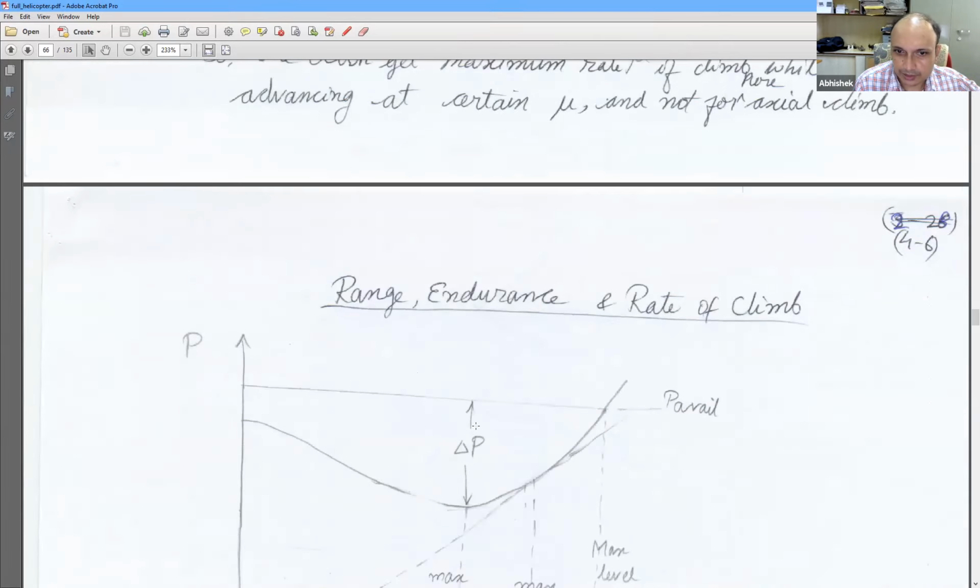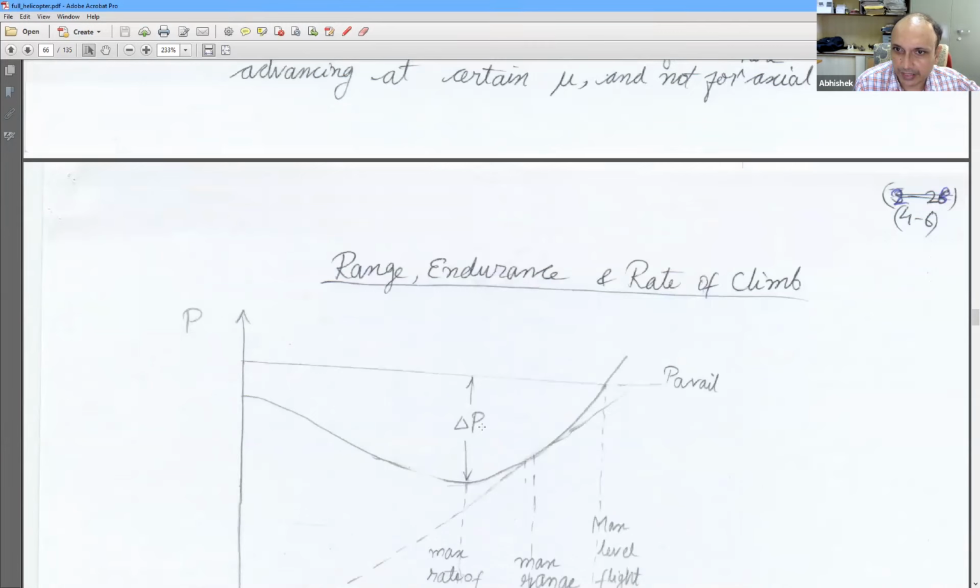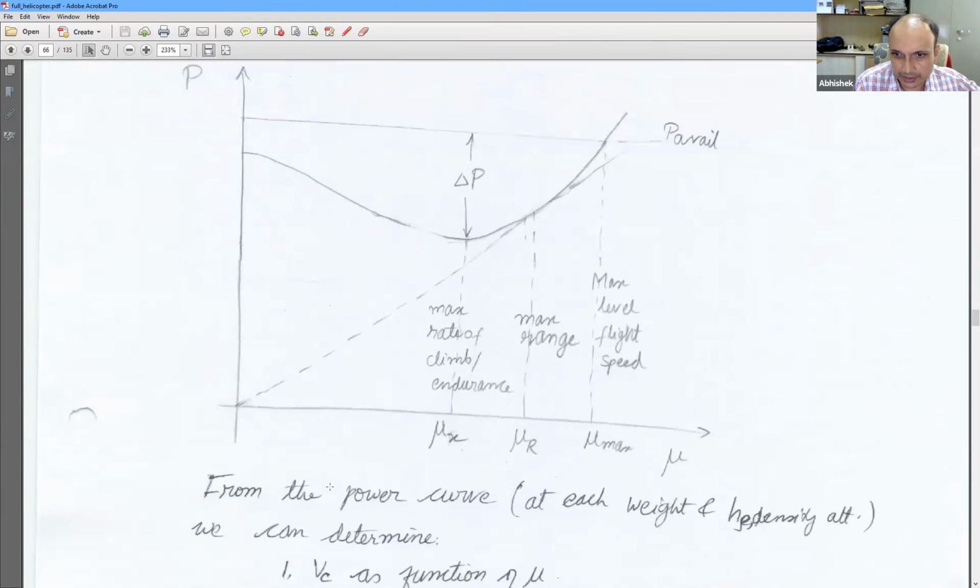Now we look at the concept of range and endurance. Rate of climb we've already seen, so we look at now range, endurance and maximum speed. Last class I showed you how, using the formula we derived earlier and using some code, we could plot different components of total power and finally also plot the total power.